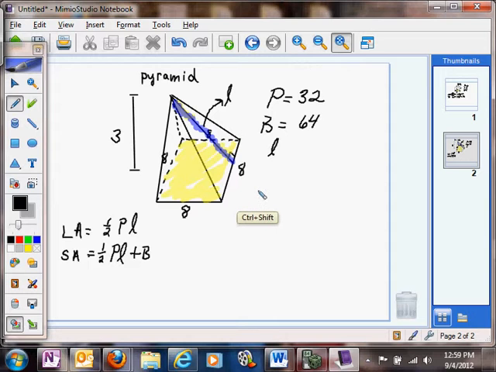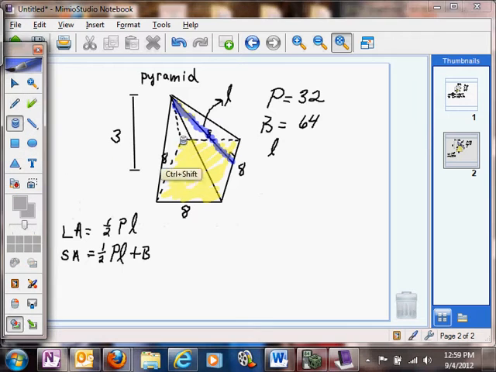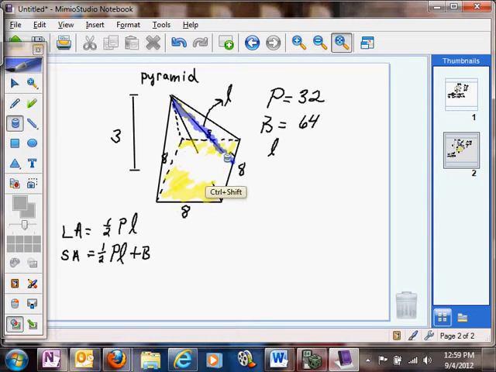little l, and it can be a little tricky. Let's take a look at what we have.